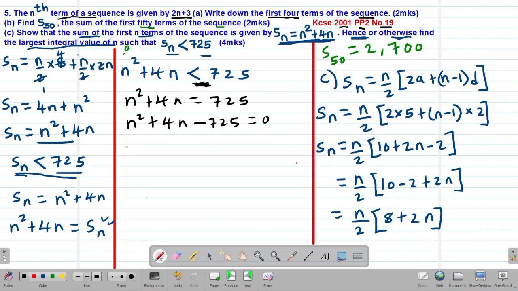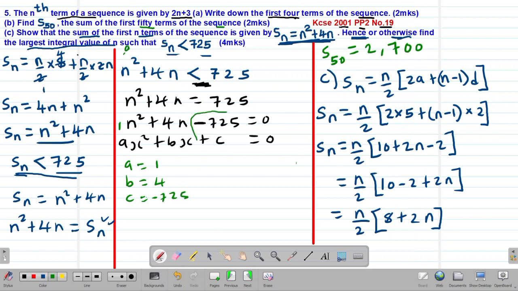So this is a quadratic equation, in the form ax squared plus bx plus c is equal to 0. Clearly you can see that the coefficient of n squared is 1. Therefore, my value of a is 1, my value of b is 4, and the value of c is negative 725.